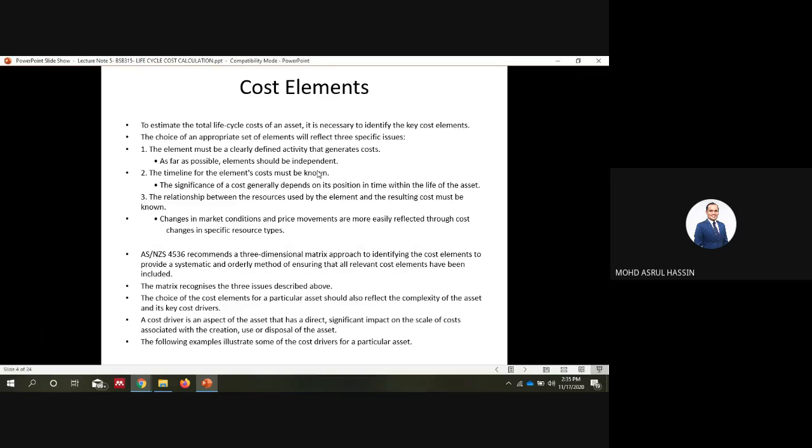For example, if we want to calculate for the lift or for the genset in the building, we need to calculate individually. Okay, genset a separate item, and lift also a separate item.